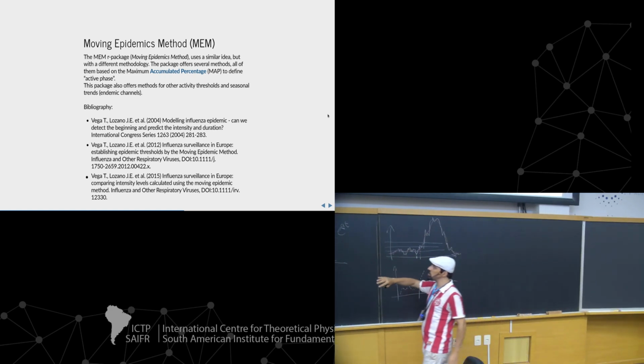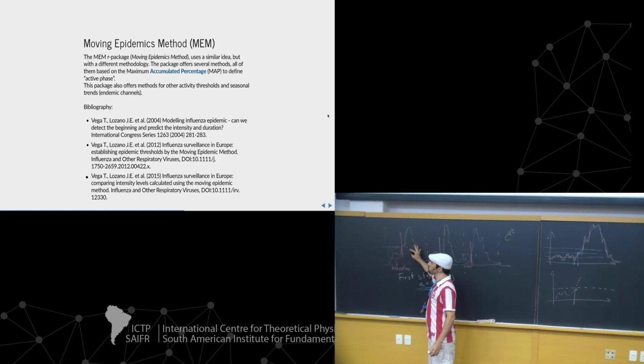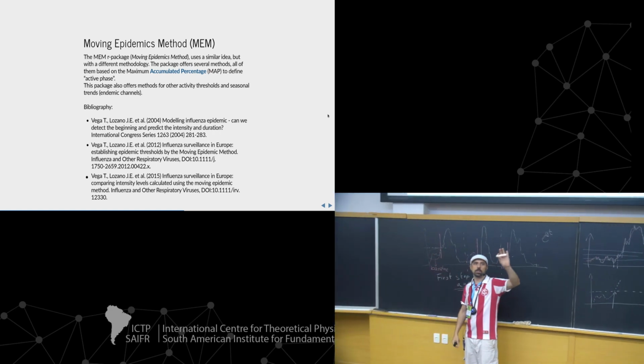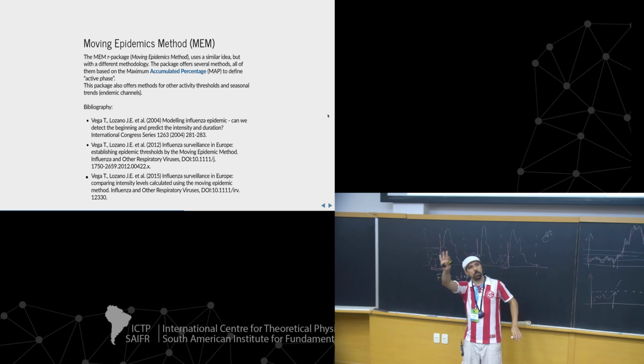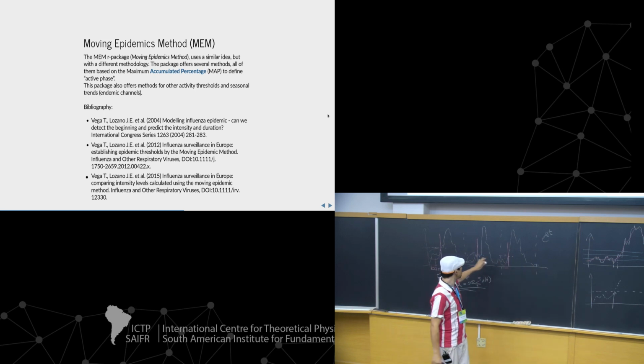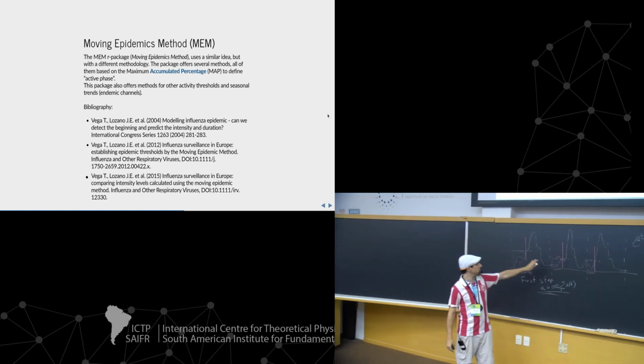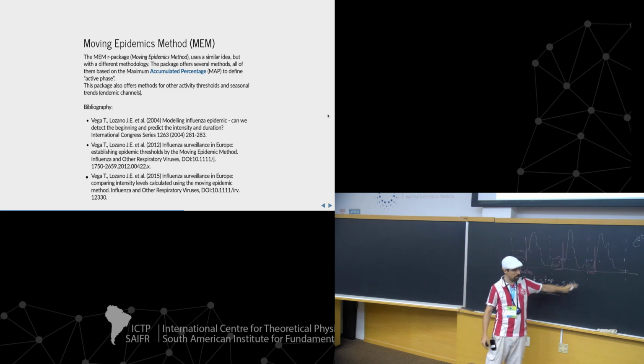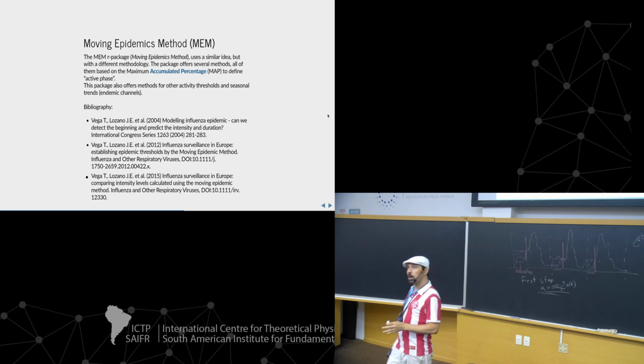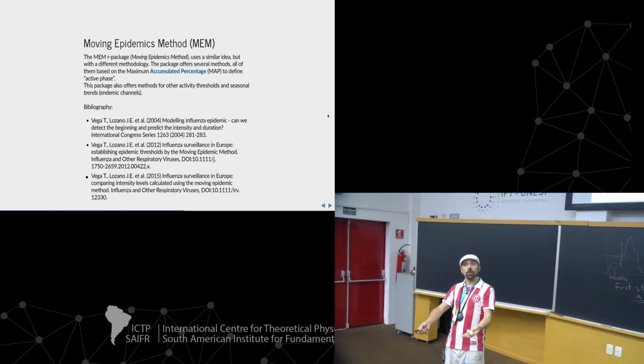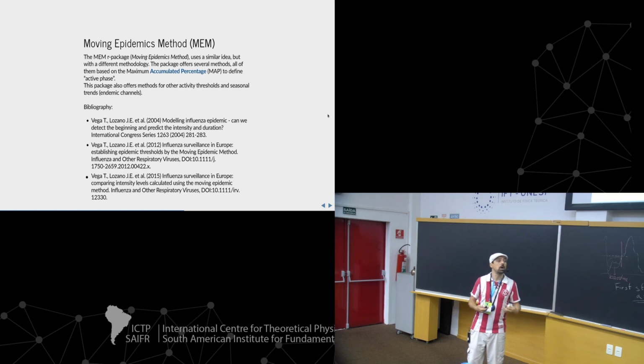I will first try to build a gross approximation of what is pre-epidemic activity, epidemic activity, and post-epidemic activity. And once I do that, I will again draw the distribution of observations on what I defined as the pre-epidemic period at each of the observed seasons, and then from that try to establish what is the outlier. The logic behind it is exactly the same.